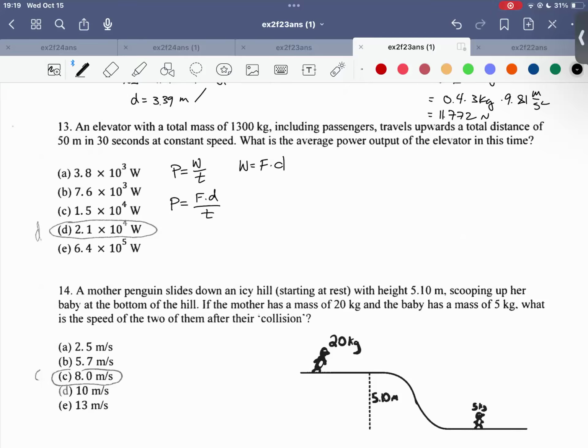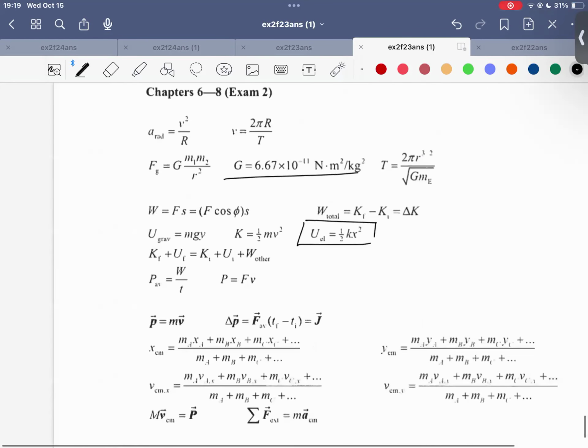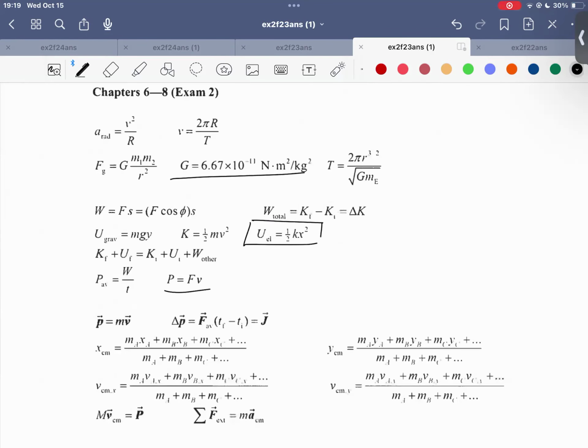And we know velocity is equal to distance over time, right? So we also know power is equal to force times velocity. Let's see if this is on the formula sheet. Yeah, it's right here. So power equals force times velocity. I'll say right here, power equals work over time.